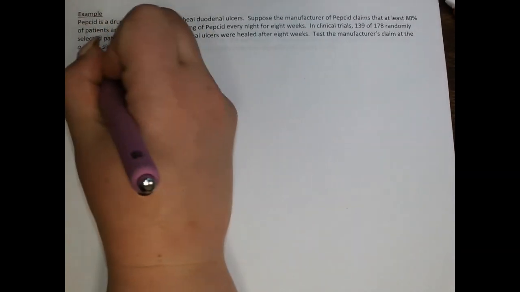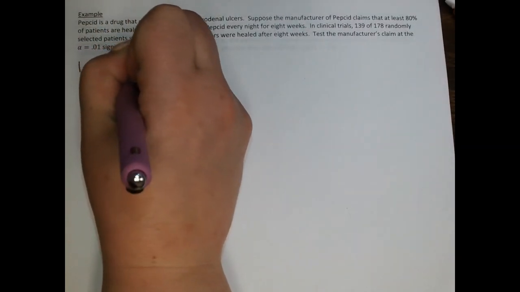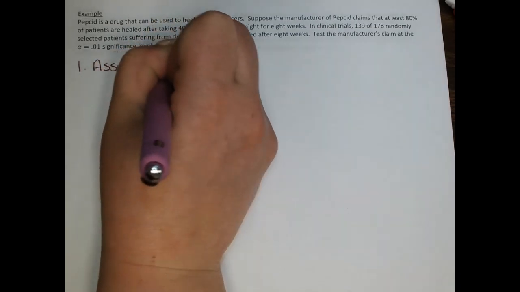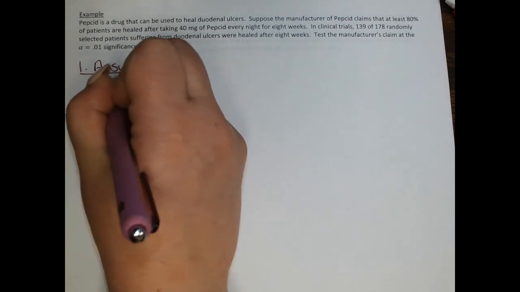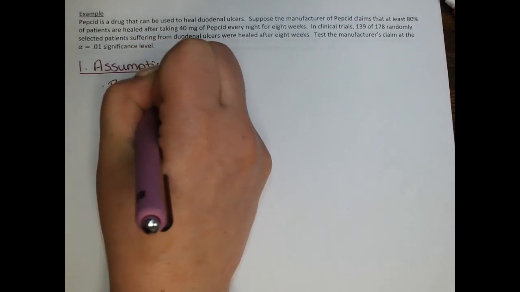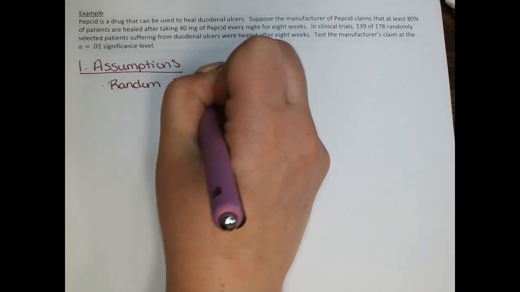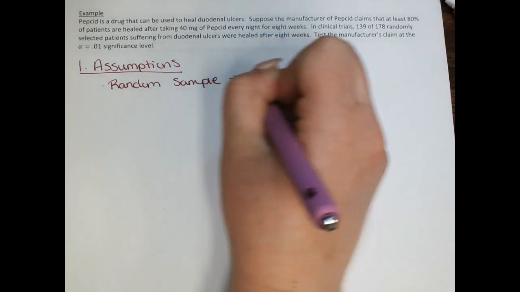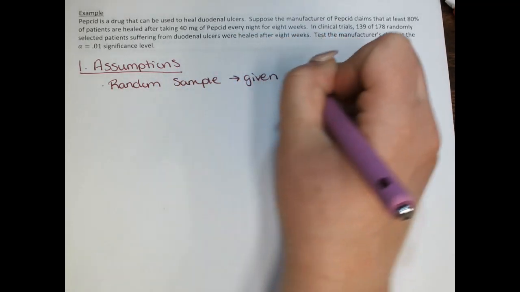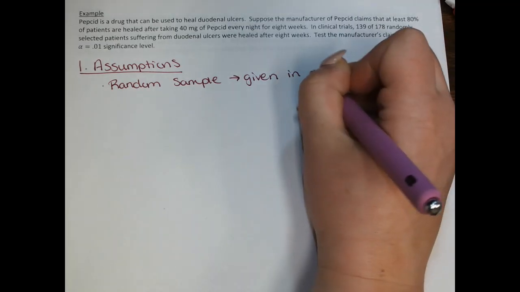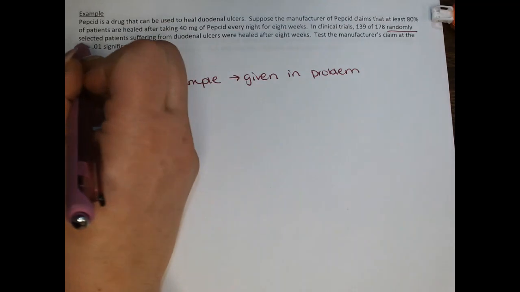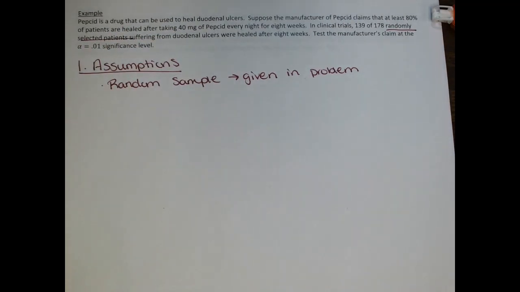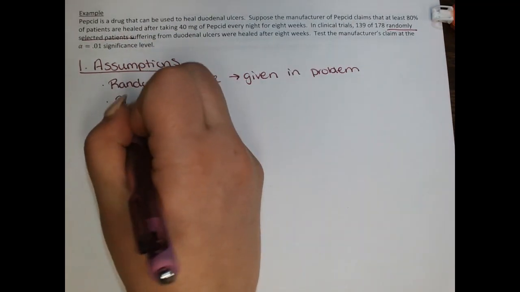So, let's start out with our assumptions. The first thing we need is a random sample. Notice this is given to us in the problem. And we can see that right here. Next, we need to check our sample sizes.